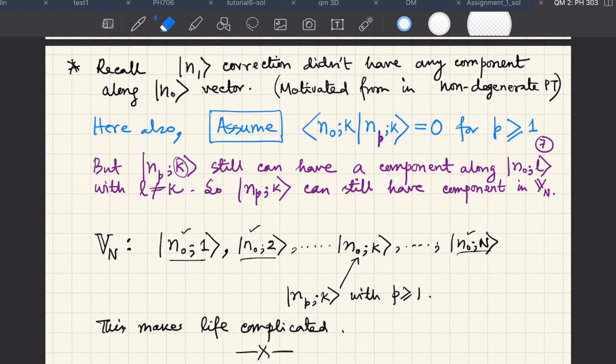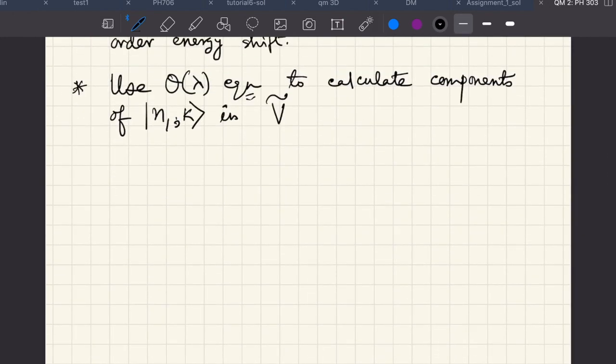Here. We just said that this npk with p greater than or equal to 1, although by our assumption may not have any components along this n naught k, still does not prevent it from having components in other directions like n naught 1, n naught 2, or n naught capital N. That is one important aspect that we need to figure out. So this we are going to calculate by using the first order equation.